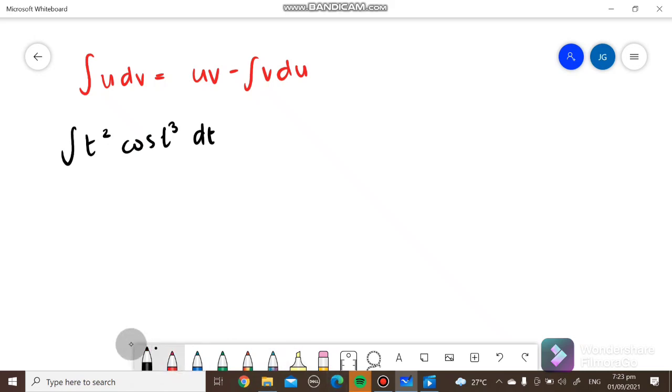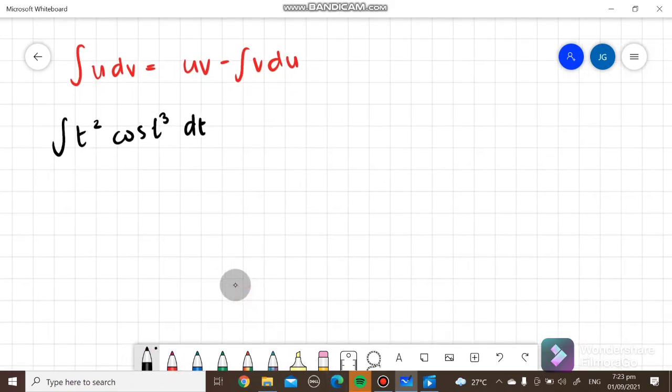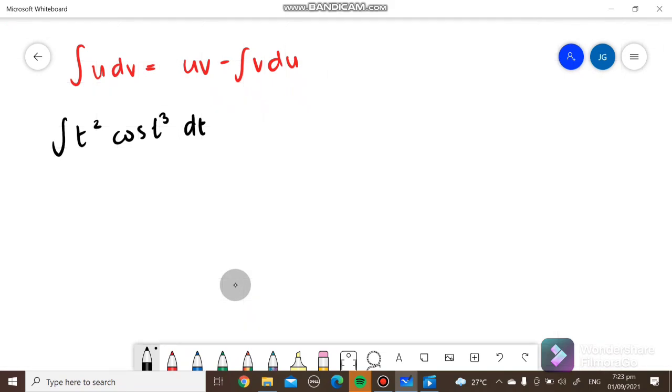Okay. There are 4 things to get in this one. We need to find u, du, dv, and v. So, our u here is t squared. Our derivative of t raised to 2 is 2t dt.